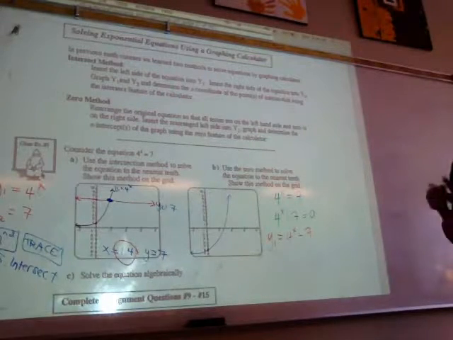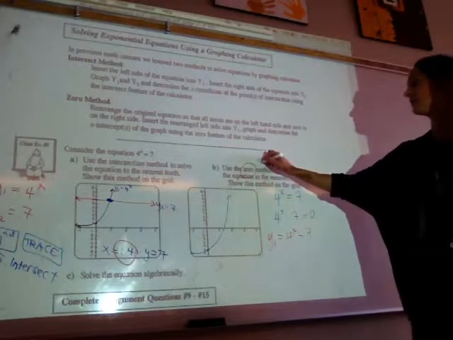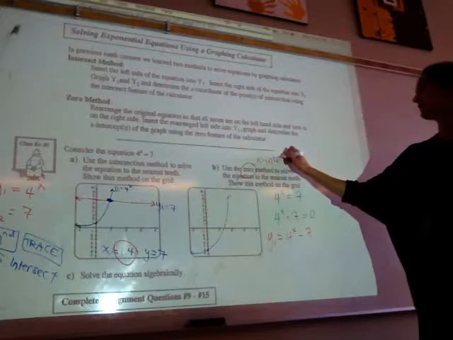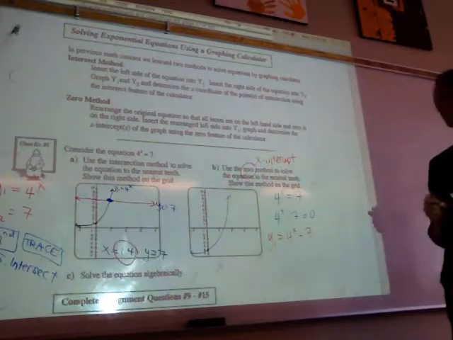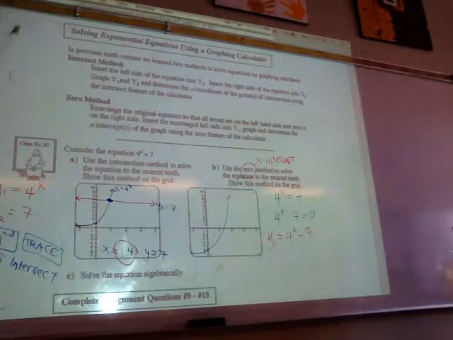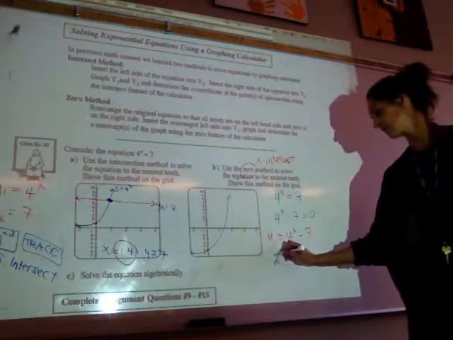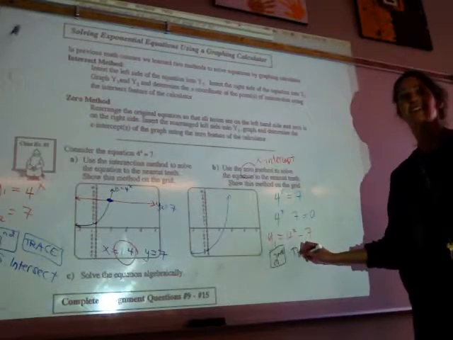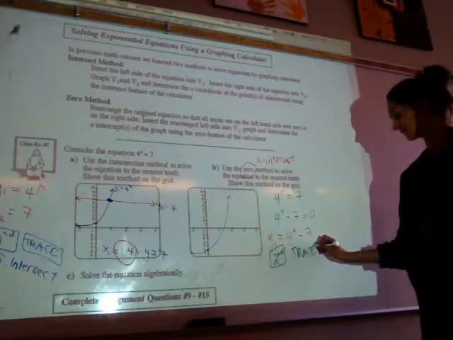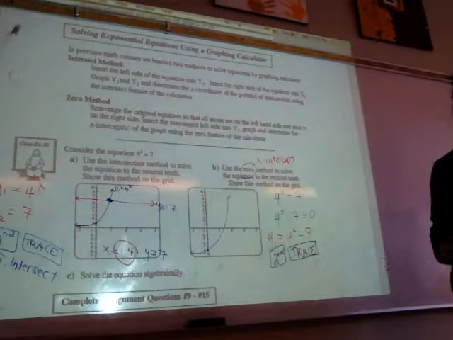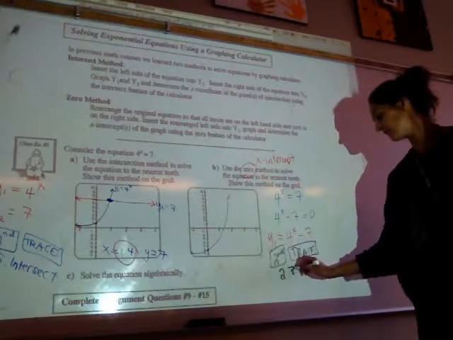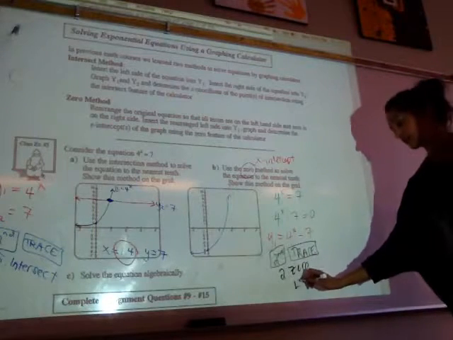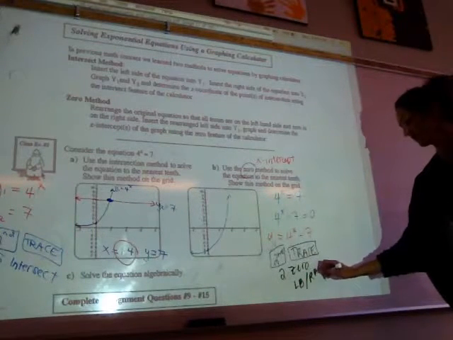And the zero method, that's another term for saying find the x-intercept. So on your calculator, to find the x-intercept as a review, we go second, trace, number 2 for your 0. Then it's going to ask for left bound, right bound, and then a guess.